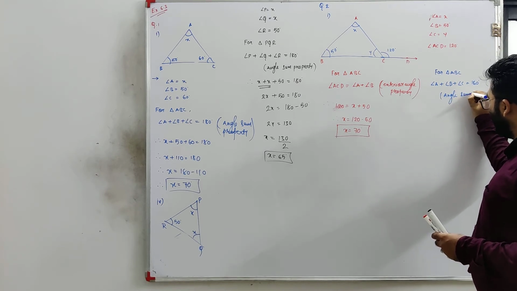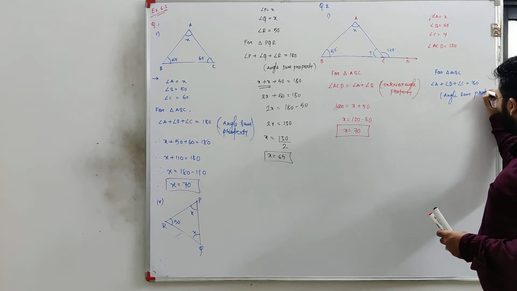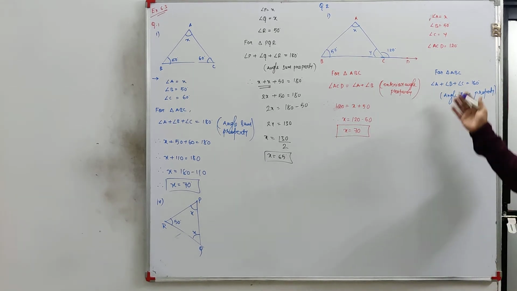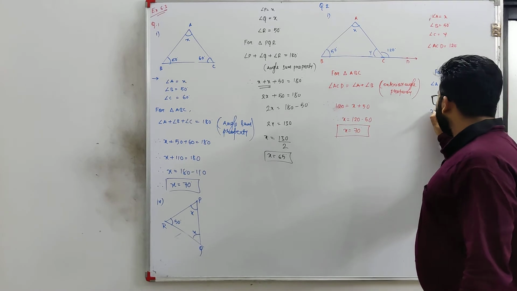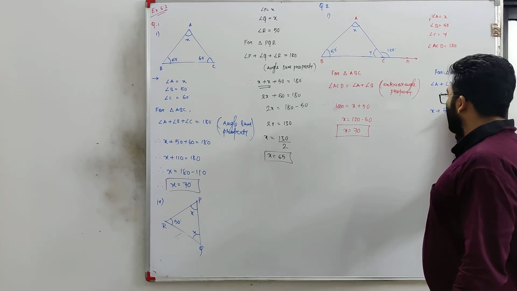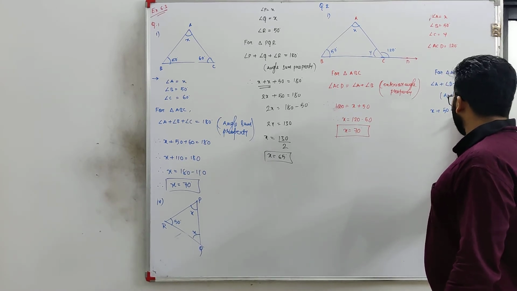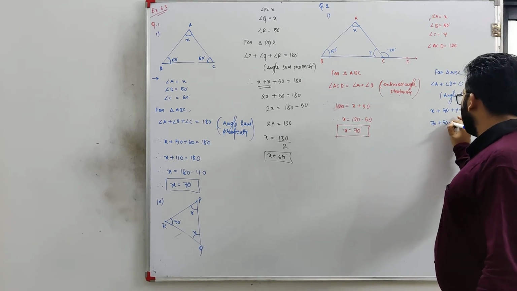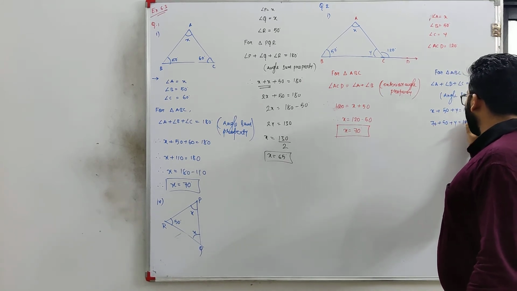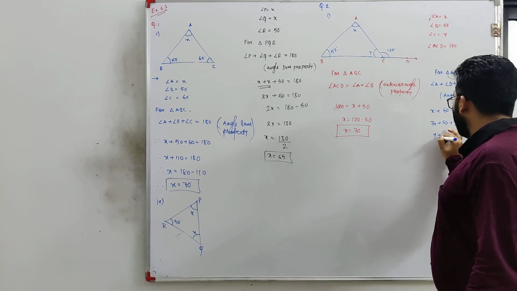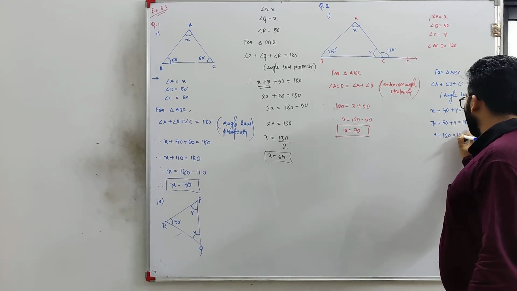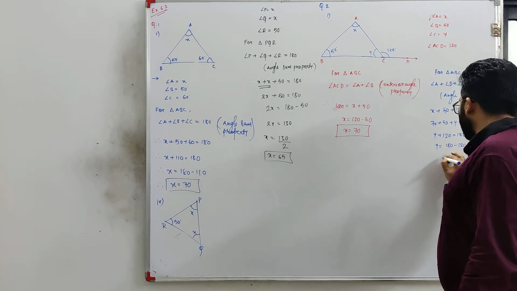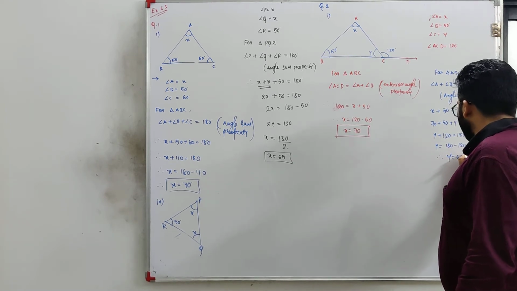Angle sum property. So, when I put the values, x plus 50 plus y is equal to 180. X we know very well: 70 plus 50 plus y is equal to 180. So y plus 120 is equal to 180. So y is equal to 180 minus 120. Therefore, y is equal to 60 degrees.